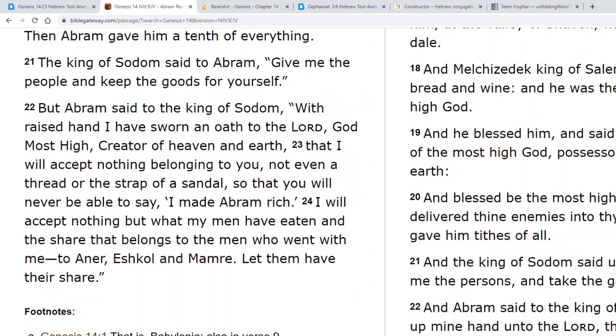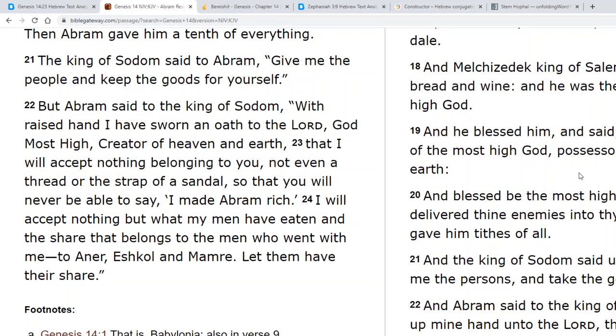Okay. NIV. But Abram said to the king of Sodom, with raised hand I have sworn an oath. Ooh, where are they getting this? To the Lord God Most High, creator of heaven and earth. Maybe they're taking it from... Okay.